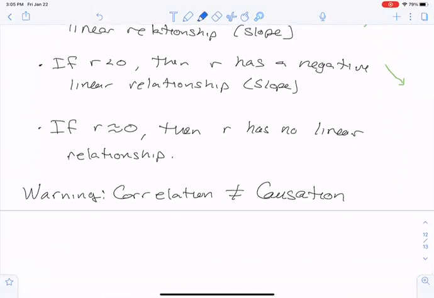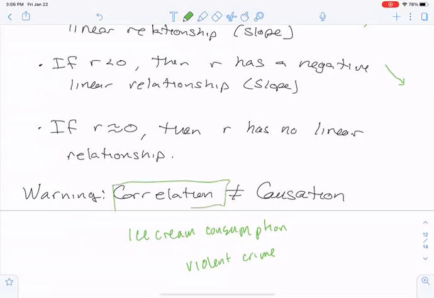There's a very famous example of ice cream consumption and violent crime that researchers did and found that as ice cream consumption increased, violent crime also increased at a very strong positive linear rate. The more a community ate ice cream, the more likely one was to experience some sort of violent crime. And there was a high correlation.